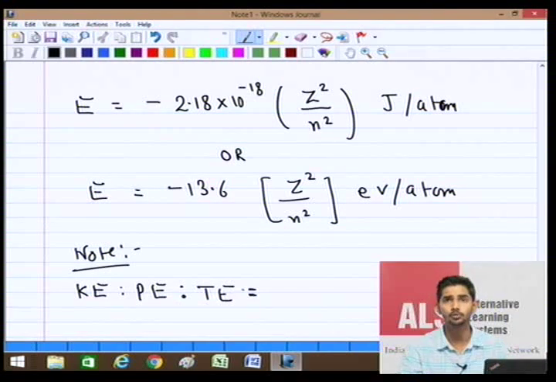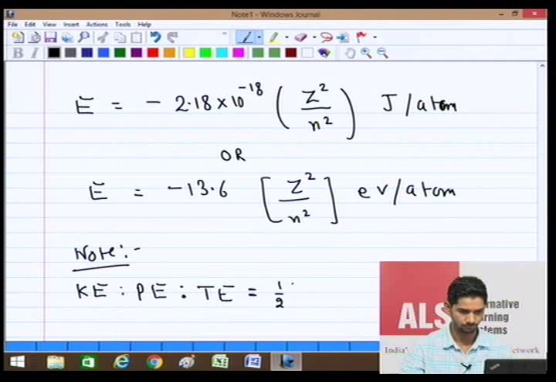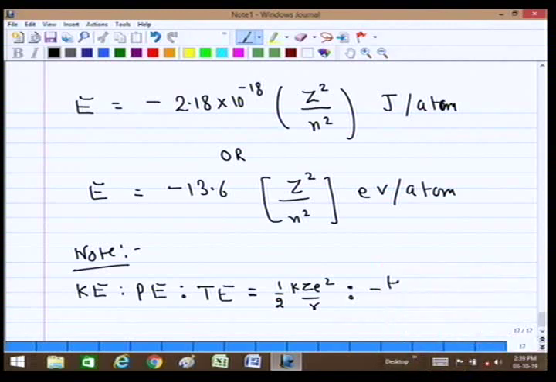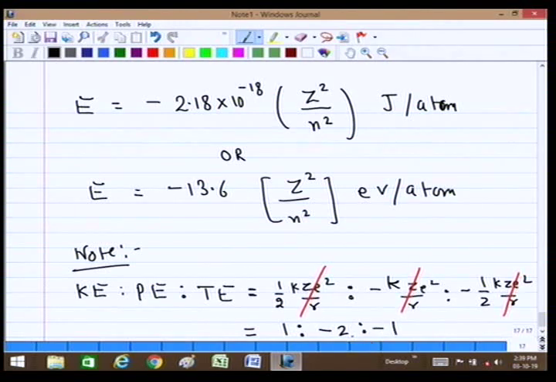We just put those formulas in: kinetic energy is half of KZe square by r, potential energy is minus KZe square by r, whereas total energy is minus half of KZe square by r. So everything gets cancelled out. After the cancellation, on solving we get 1 is to minus 2 is to minus 1.